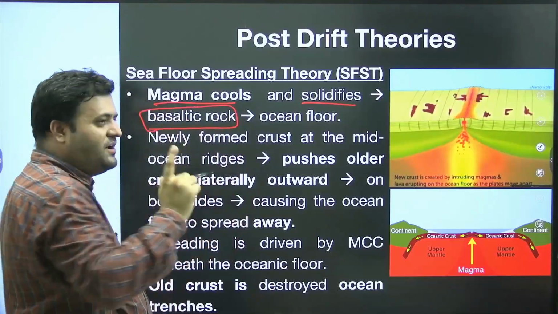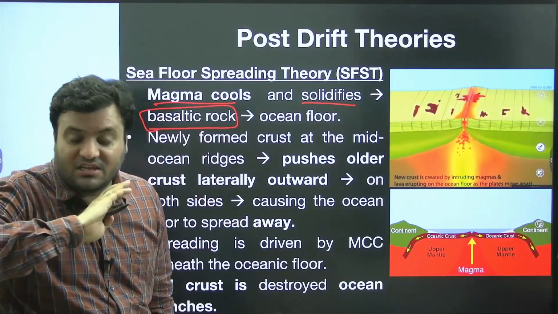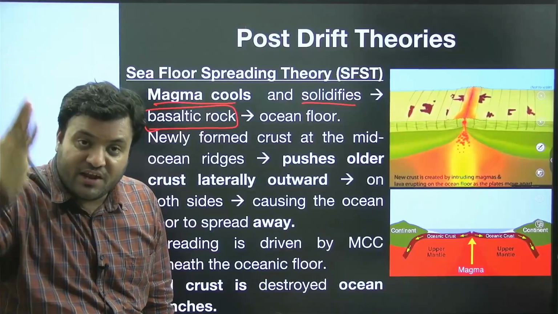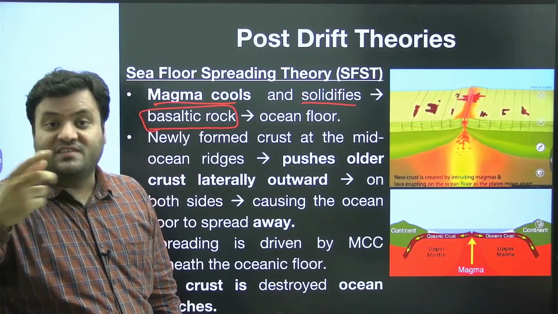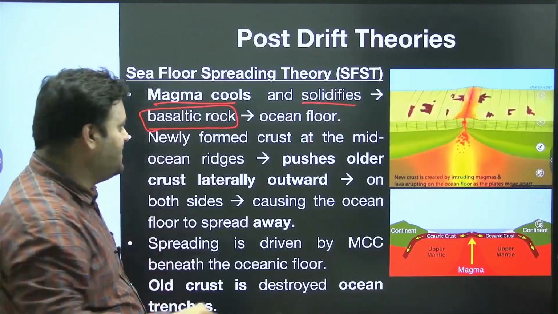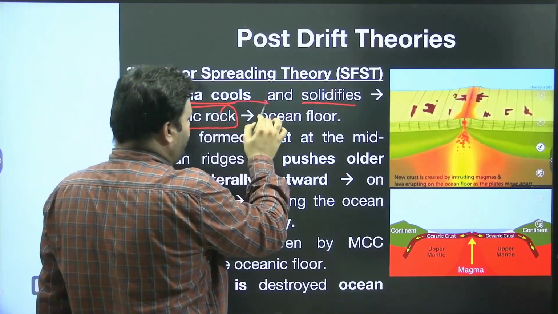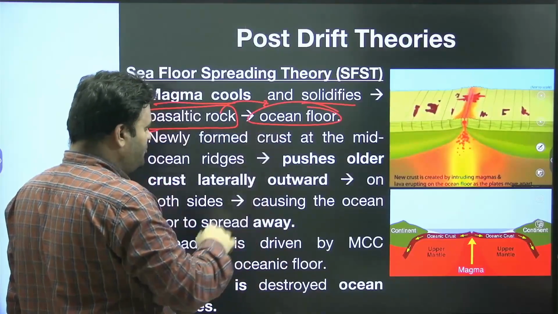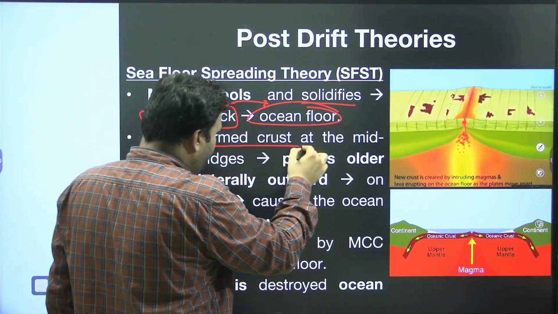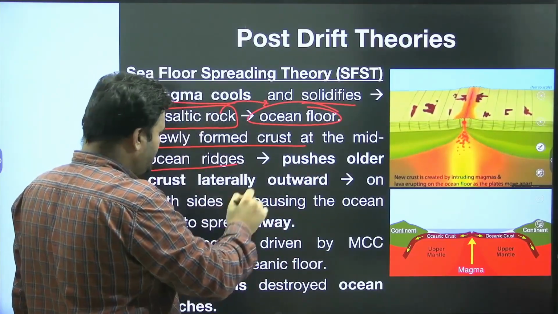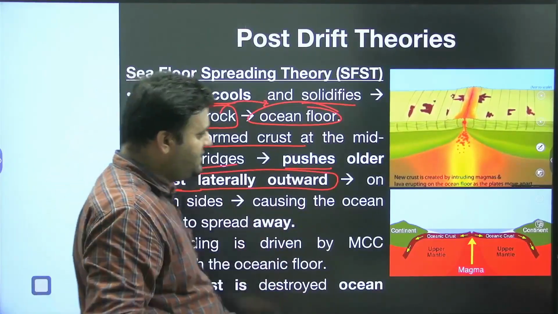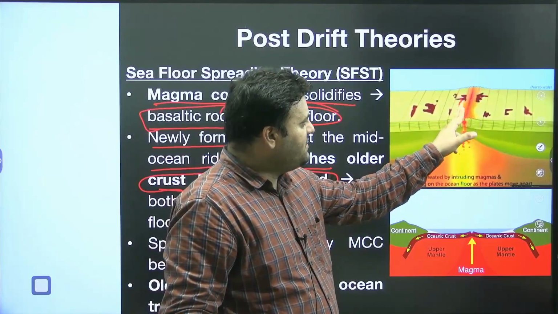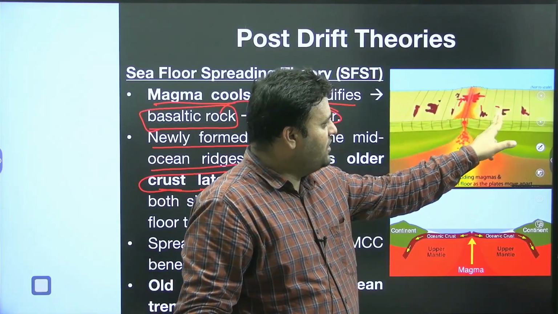I hope you remember the talk about the types of rocks based on their rate of cooling, what the size will be, what property. Remember the formation of rocks. Now this newly formed crust at the mid-oceanic ridge pushes the older crust outward. Here you can see the new one and the older one.